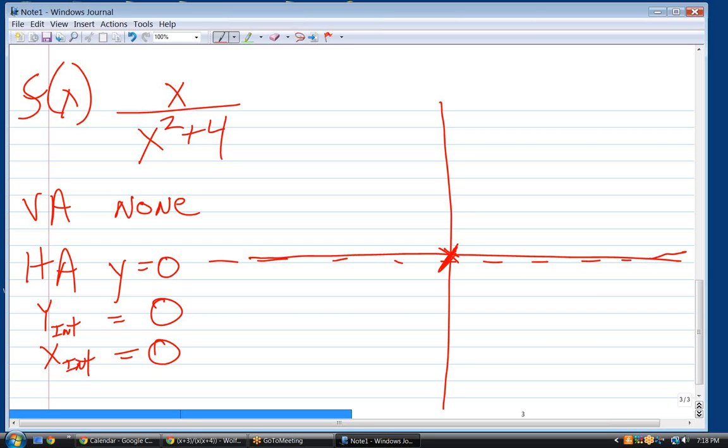Okay? So, let's see. If I let x equal 1, let's put a grid on here: 1, 2, 3. When x is 1, y is going to be about a fifth. When x is 2, y is going to be a fourth.